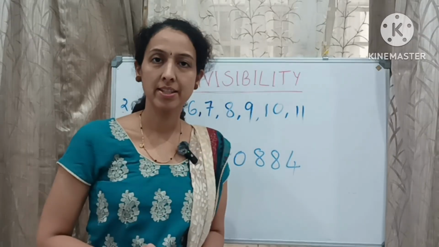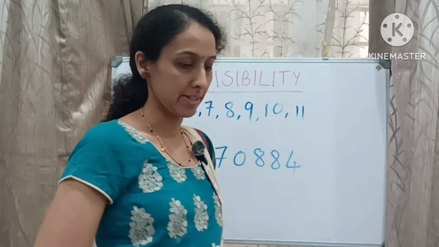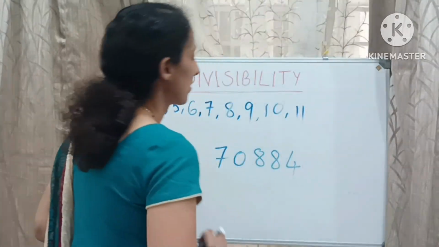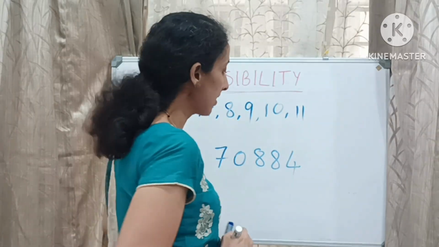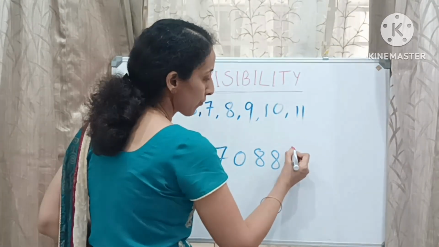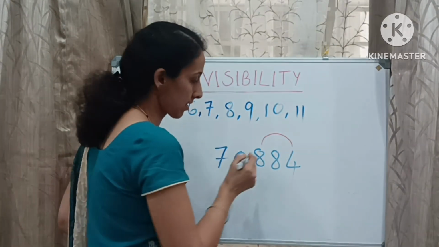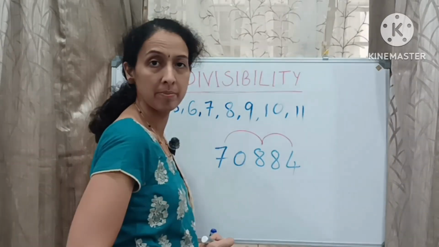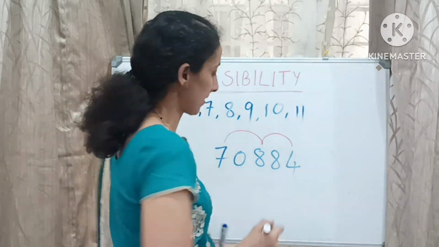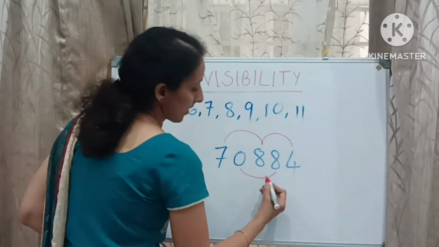70,884 and see if this is divisible by 11. So the digits in odd places are 4, 8 and 7, and digits in even places are 8 and 0.